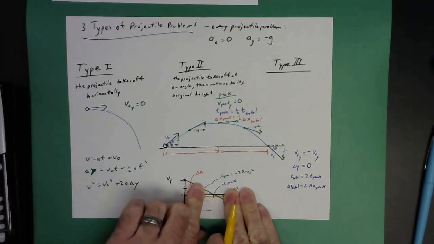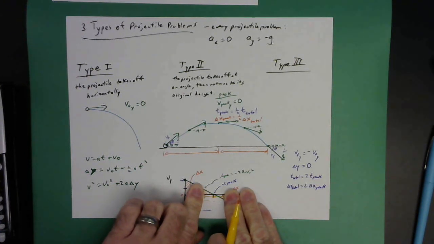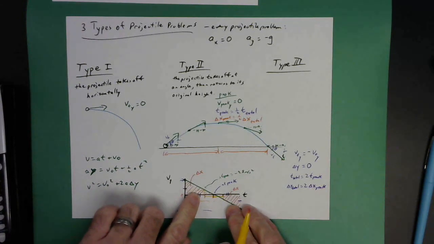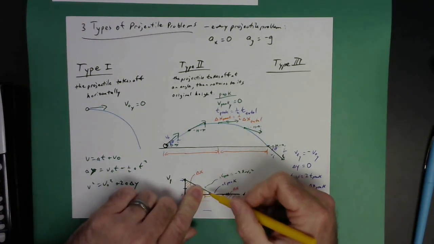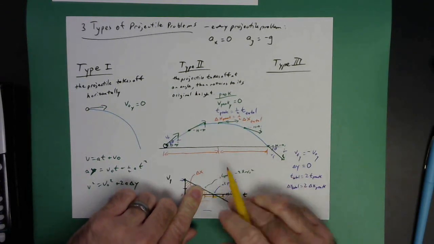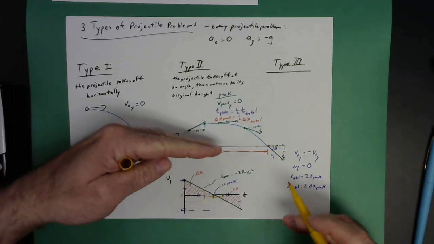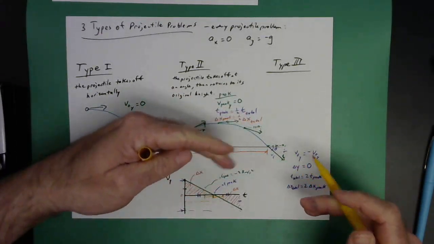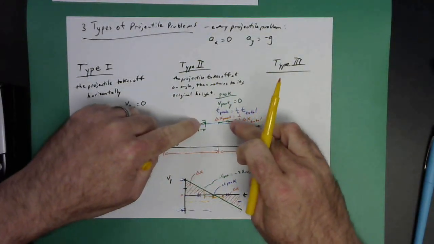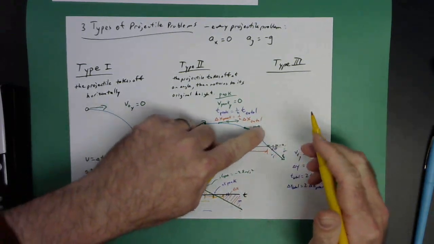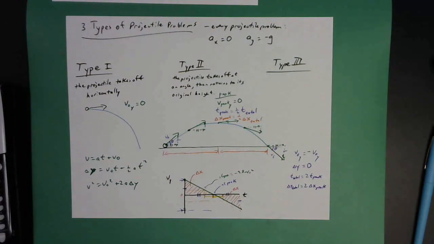By the symmetry here, those v's are going to be equal and opposite. So for the same number of seconds before the peak and the same number of seconds after the peak, that also means, by the way, this triangle and this triangle would be equal but opposite, which means as I go up and come down, at any particular height, kind of working backwards from the peak in both directions, at that same height, these velocities are going to be equal but opposite.